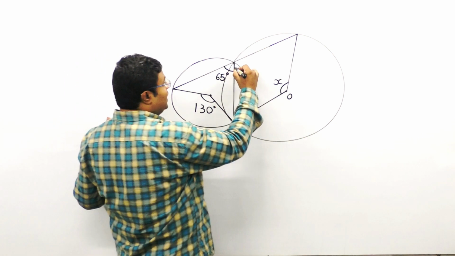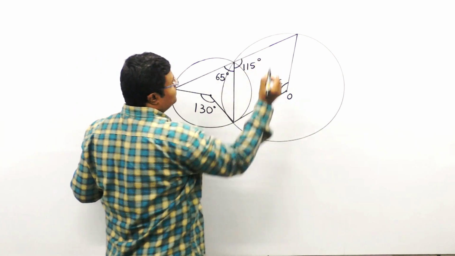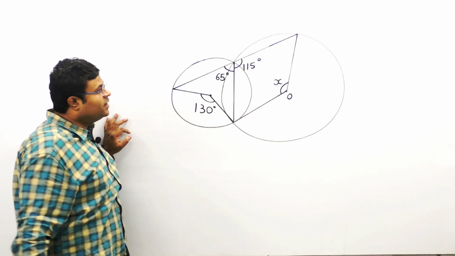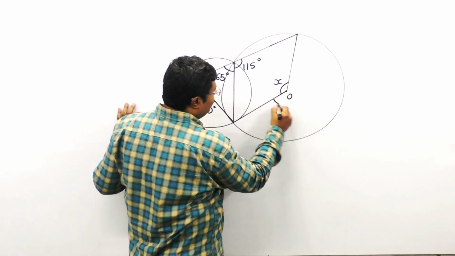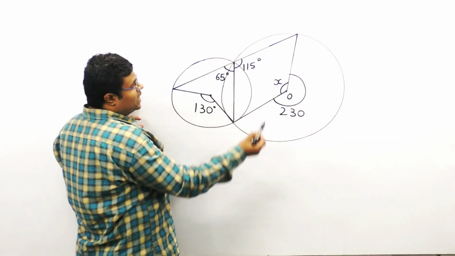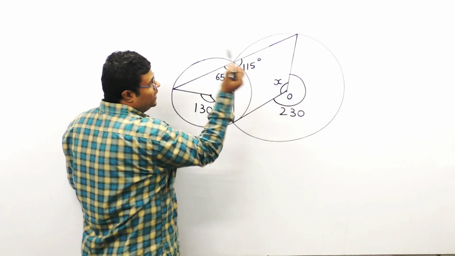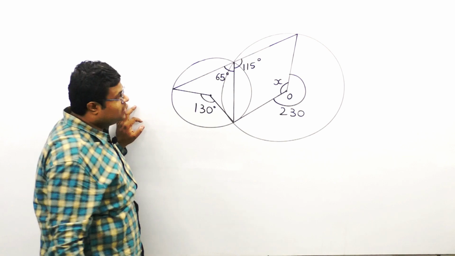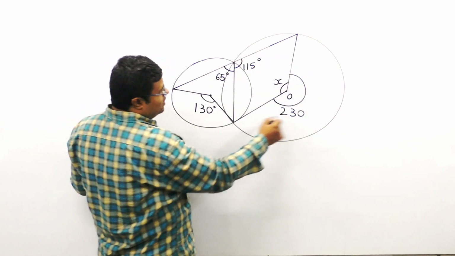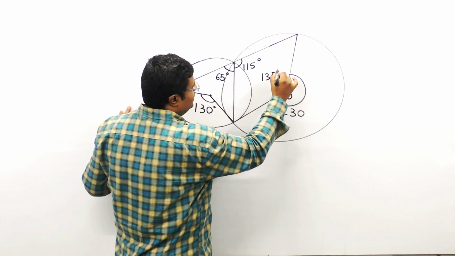If this is 65, this angle will be 115. How do you know? The total sum should be 180. This should be 105. This should be 230, because the angle at the center should be twice of what is at the circumference. Now the total is 360. From 360 minus 230, this will be 130 degrees.